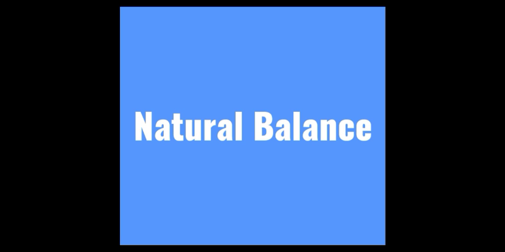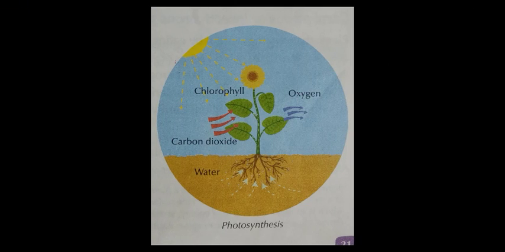In food for plants, as you can see in the picture, I already explained photosynthesis to you. Green plants need sunlight, carbon dioxide, and water to live. Green plants are called producers because they make their own food.